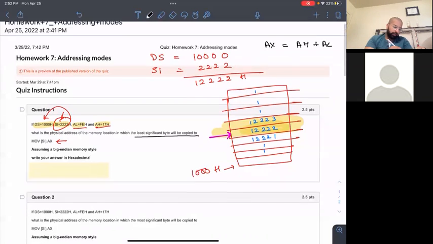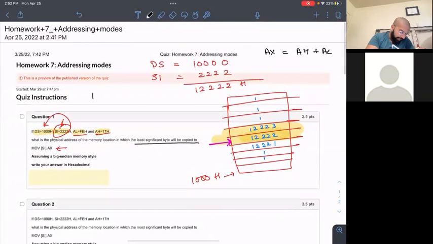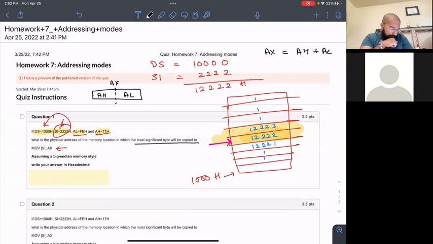So look at it this way. Let's say this is the AX register. It's divided into AH and AL. This will be the most significant part, and this will be the least significant part.